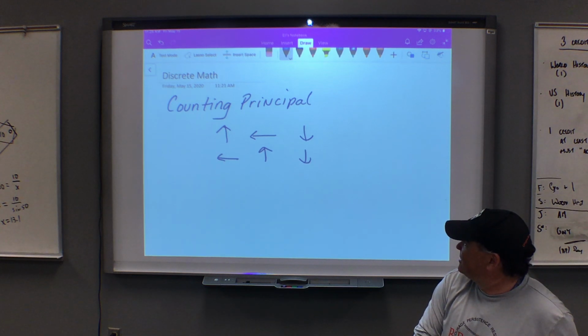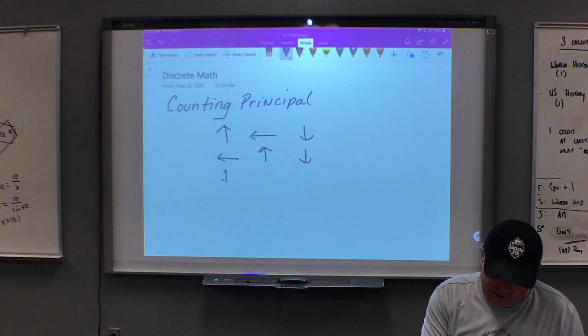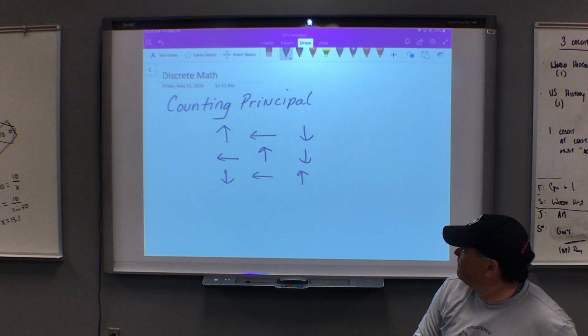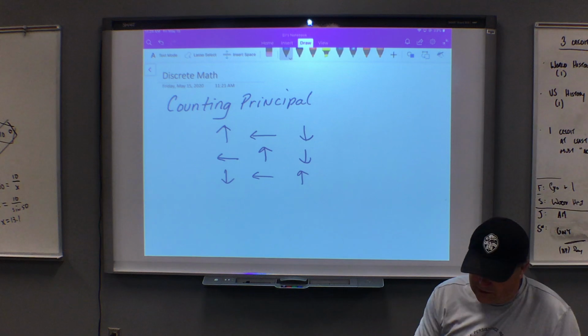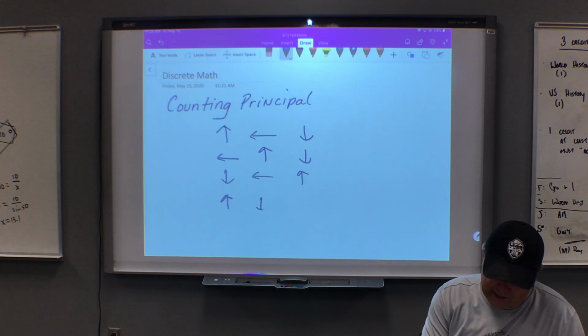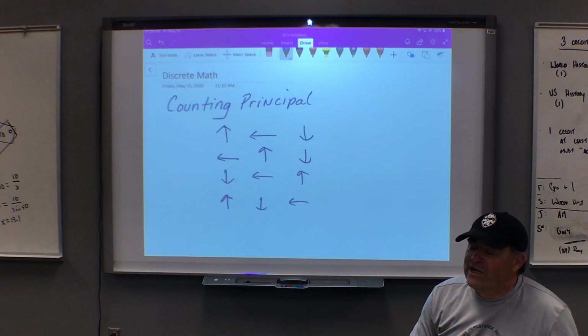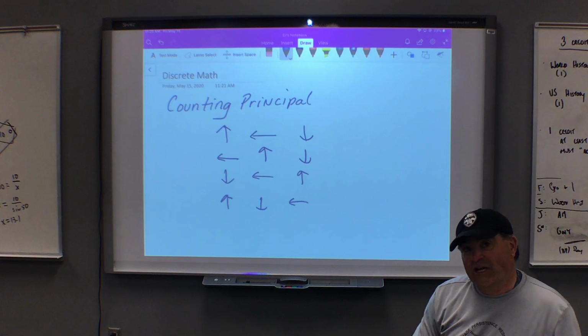I could switch the two outside ones, and go down, left, and up. I could switch the two ending ones so that I go up, down, right. And obviously, this is only 3 objects. If I had more than 3 objects, this is going to take a long time.